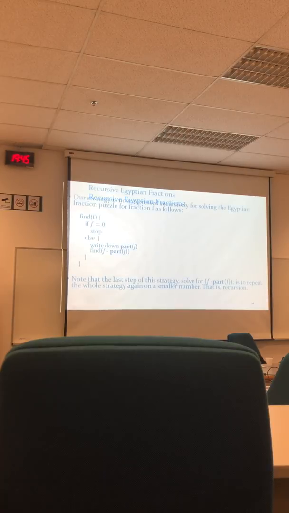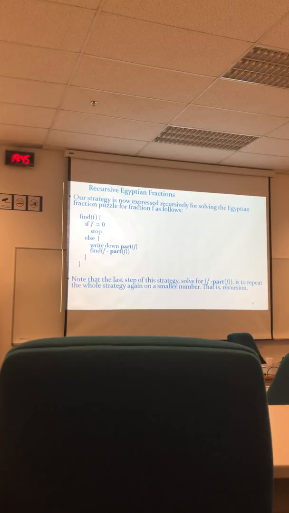So in other words, this algorithm is designed using the reduce and conquer approach. If the rational number is not 0, we find one term of the Egyptian fraction using part f.